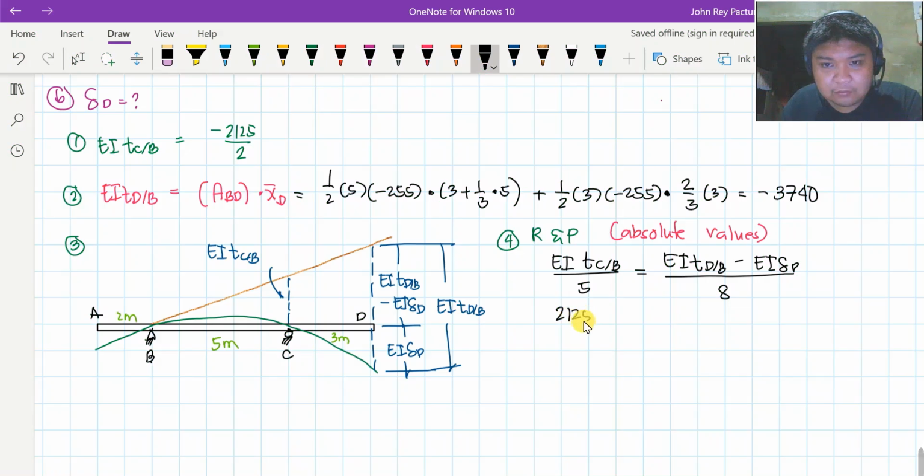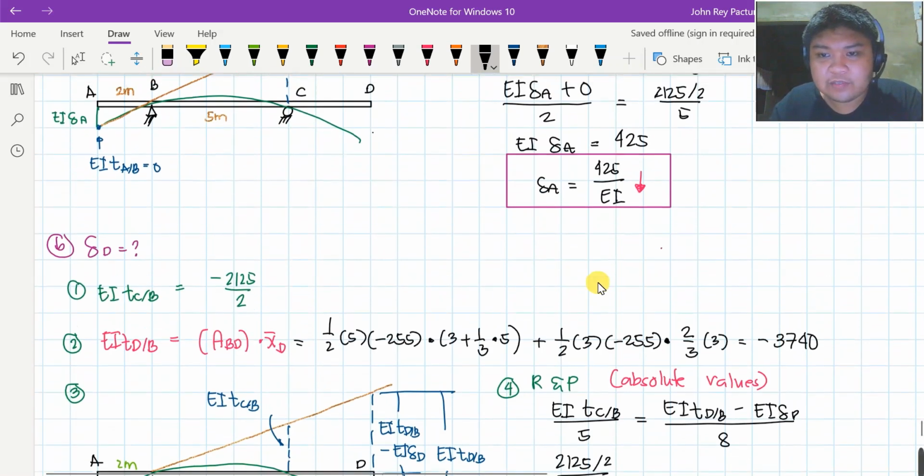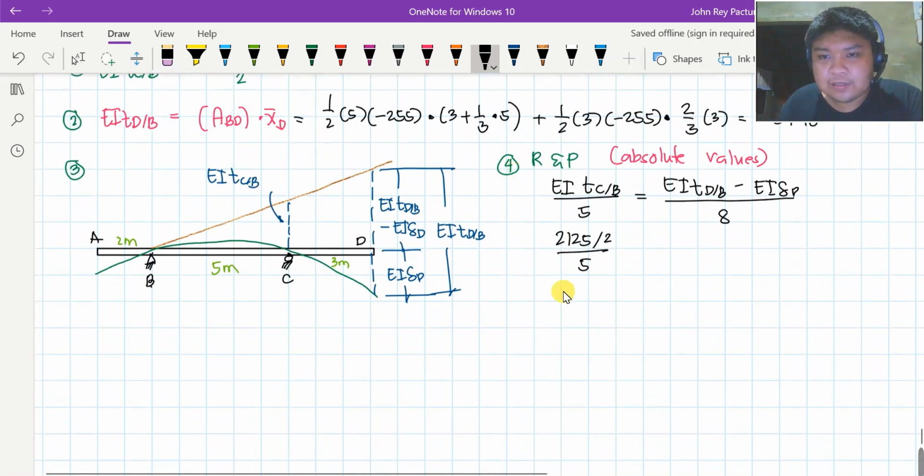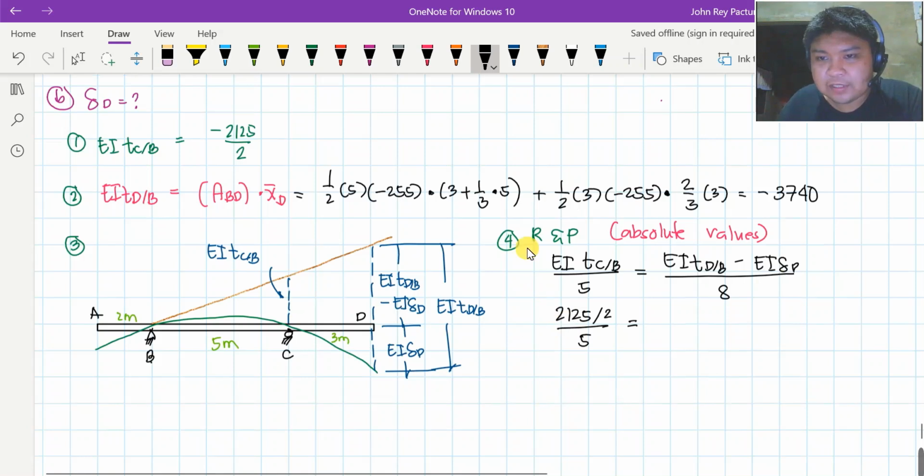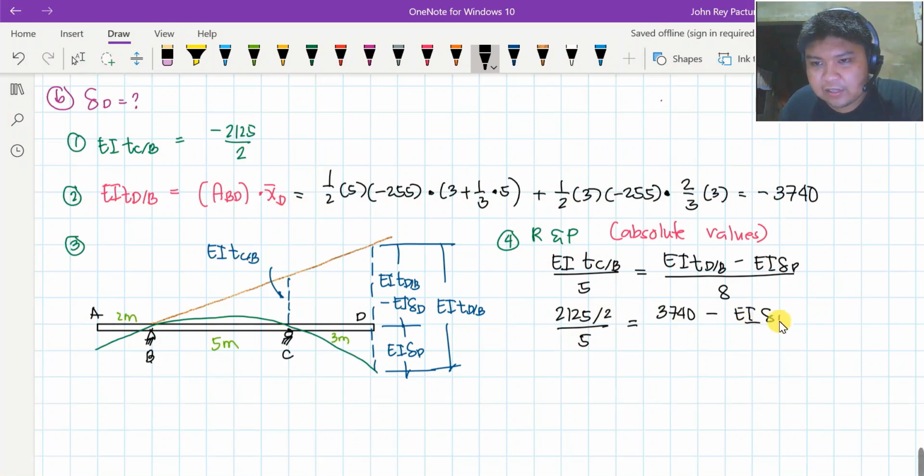Kaya magiging 2125 over 2 divided by 5 siya. Tama ba? Yes, 2125 divided by 2 over 5 is equal to, yung deviation natin in absolute value is 3740 minus EI, deflection at D, all over 8.